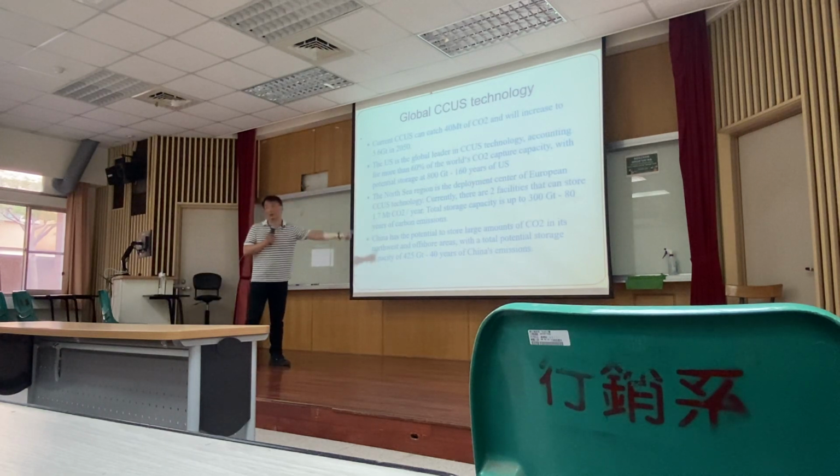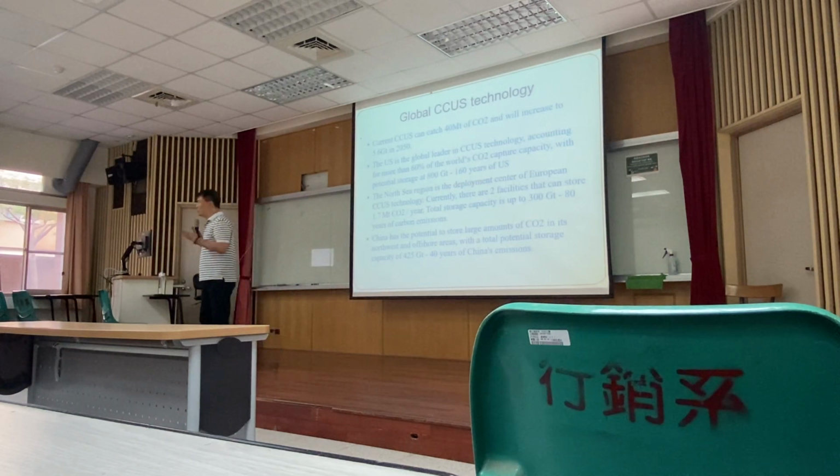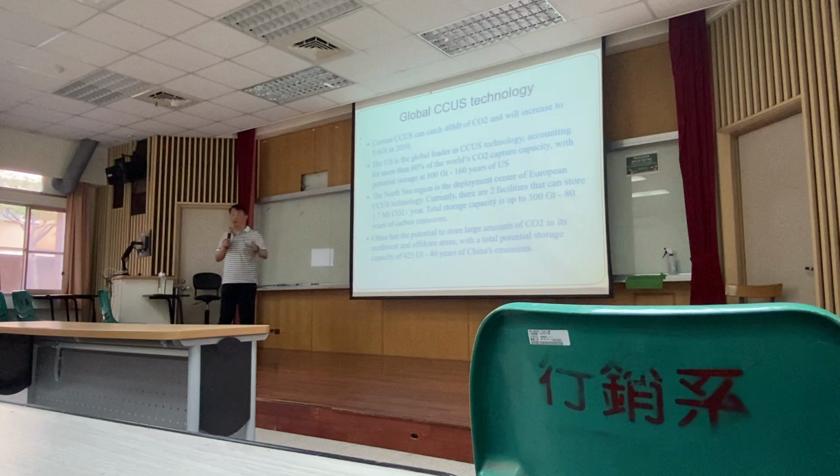So this is the number why I want you to memorize. When people say, well, the CCUS can capture a certain amount, and what does this amount mean? Actually, it's almost 80% in 2050. Actually, it is because of carbon capture technology that we can achieve net zero emission goal.